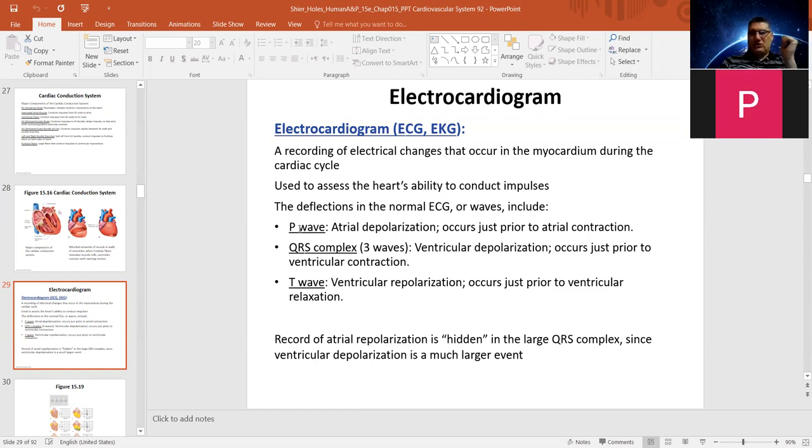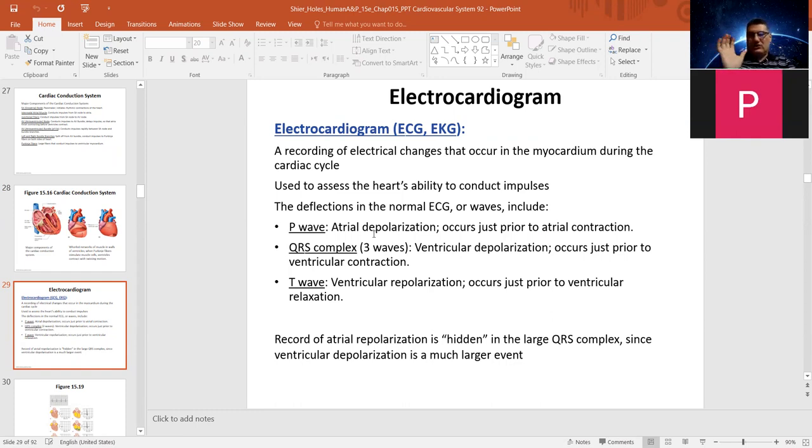So the P wave, I will show it to you, comes from atrial depolarization. Memorize this: the atria depolarize. Depolarization, we talked about it before, means you're creating an action potential or electrical signal, after which the atria contract. The QRS complex is ventricular depolarization, creating an electrical signal in the ventricles, which will be followed by ventricular contraction.